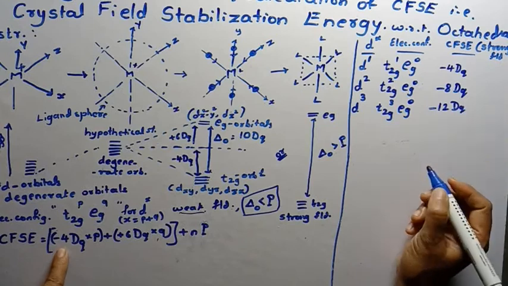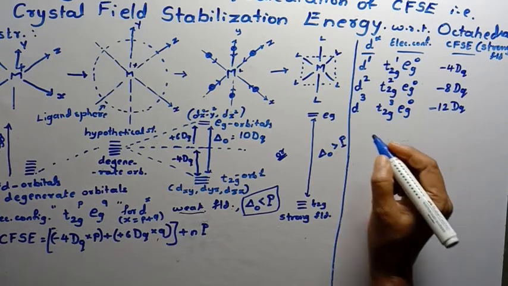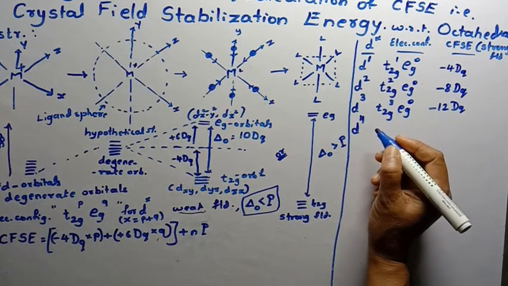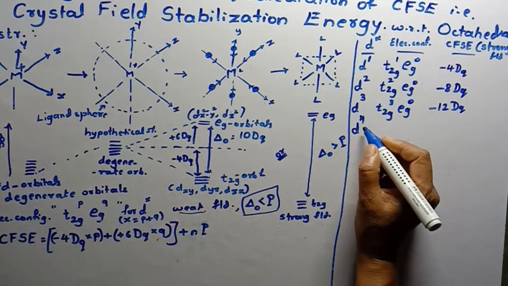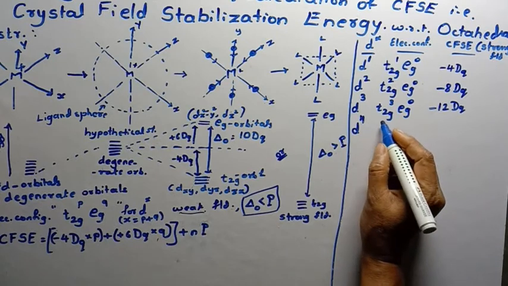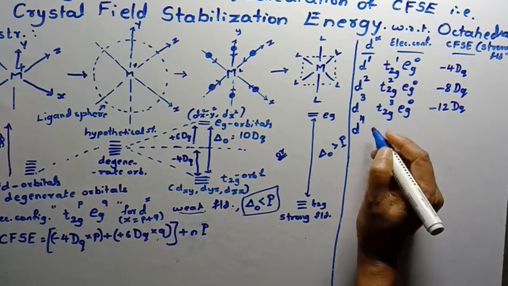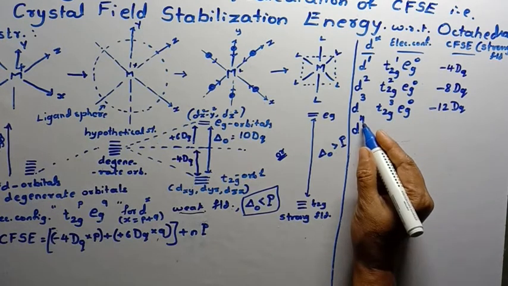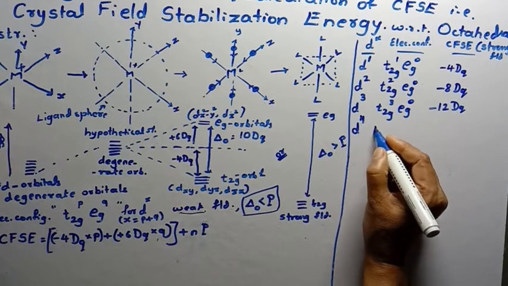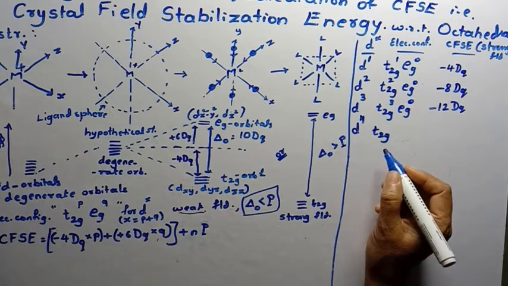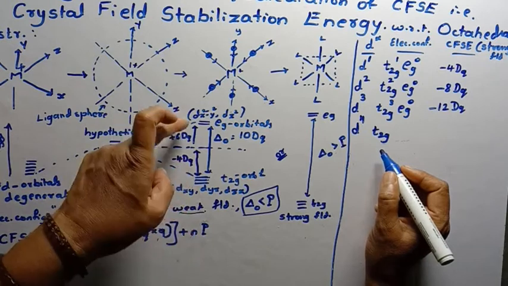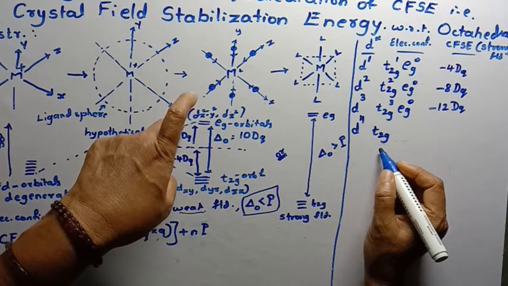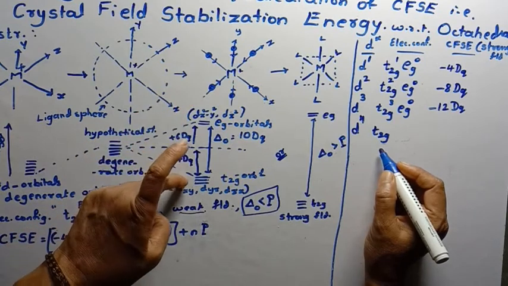Now if the central metal ion contains 4 electrons in its d orbital, the question is where the fourth electron goes: whether it occupies the lower energy level or goes to the higher energy level. No doubt 3 electrons will occupy the t2g orbitals. By Hund's rule, they occupy singly first.